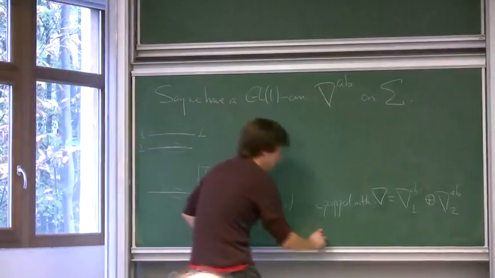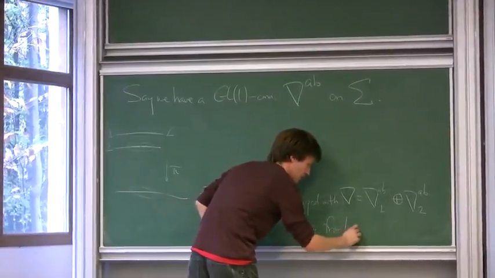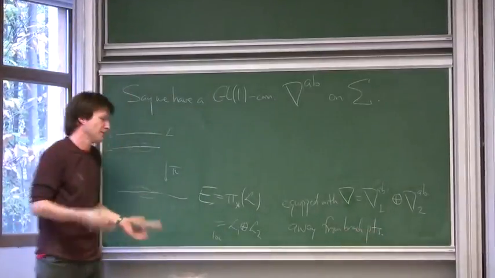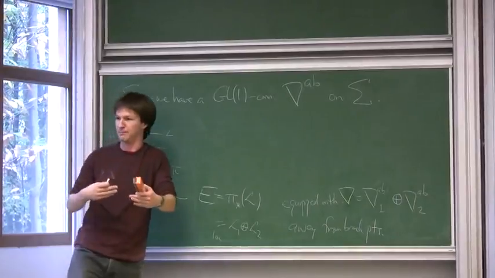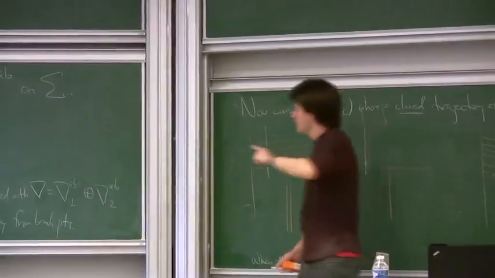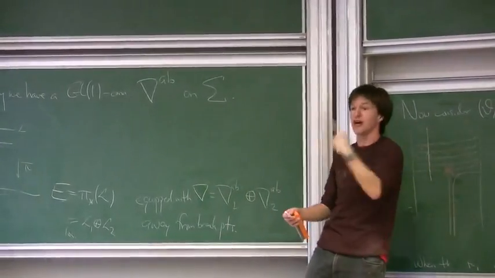So okay, well, actually this is only away from the branch points. It's away from the branch points, but you might think, well, there'll be some way to fill it in over the branch points and there won't be a problem. But actually there is a problem, and you can see the problem if you just take this connection and calculate its monodromy around one of the branch points.